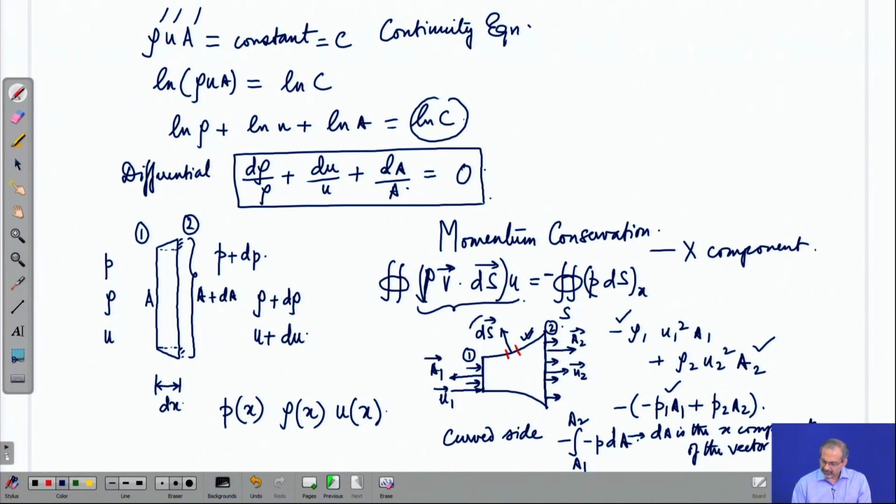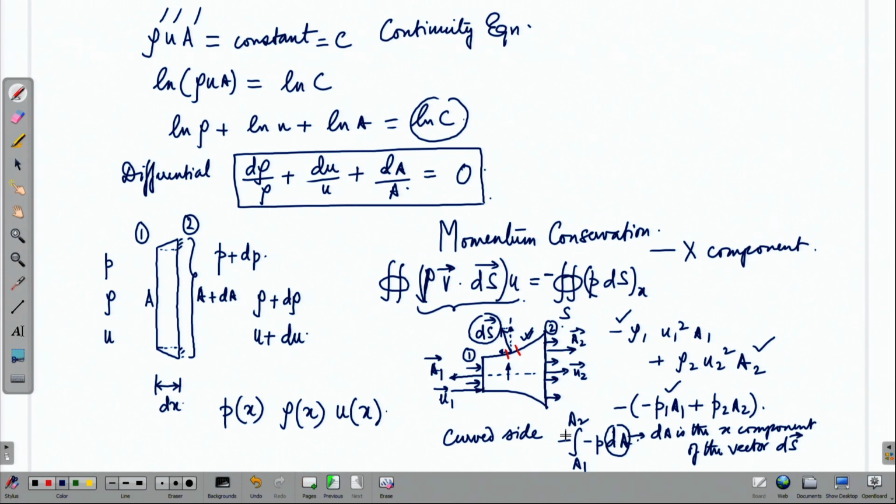The ds vector has an x component because it is not pointing normal to the flow direction. It has a tilt and therefore, it has a component along x. It does not have a component only along y, but it also has a component along x, and this dA is that component that we are talking about.